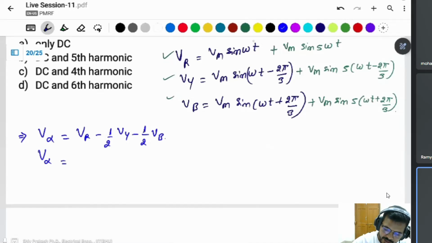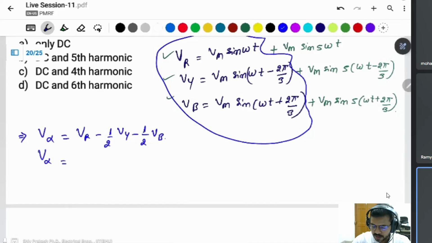Suppose you have already calculated this part, then you can leave it and directly write the result. Then after you use this one, because this was the positive sum of this one, then simply use this one.